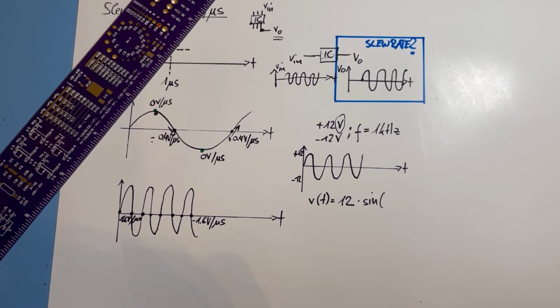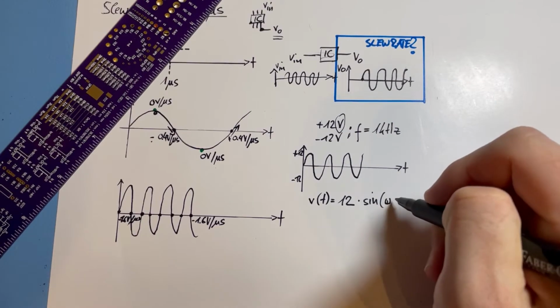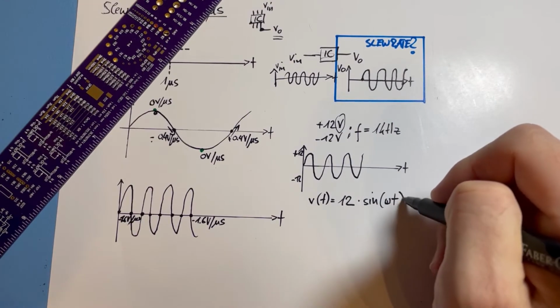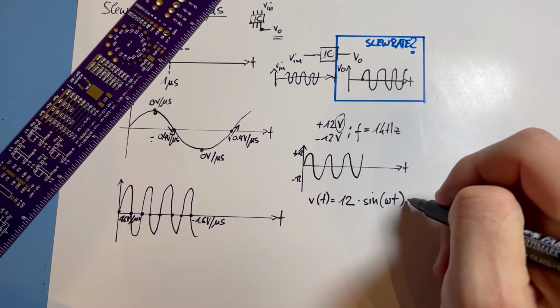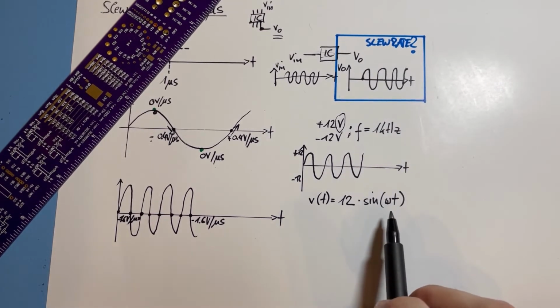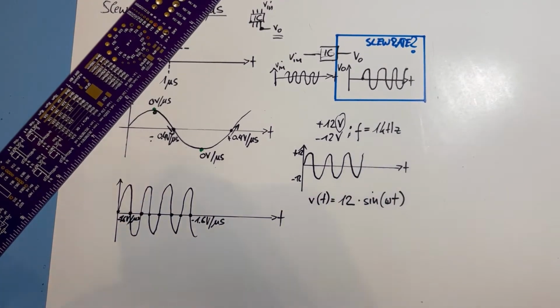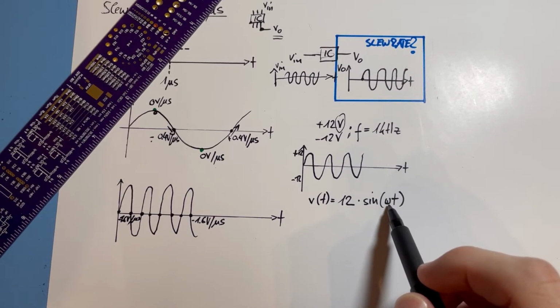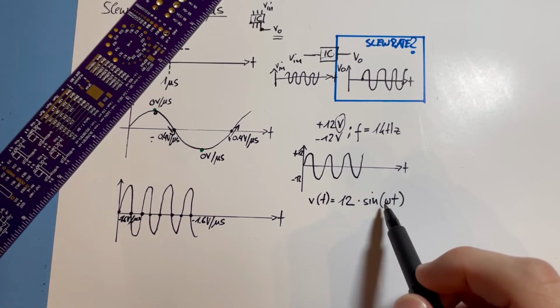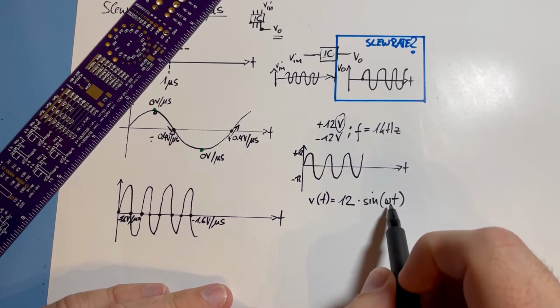And often you see things like omega t, but with omega we cannot work because we have a small f. You need to know that omega is just another way of writing the frequency multiplied by 2 pi.